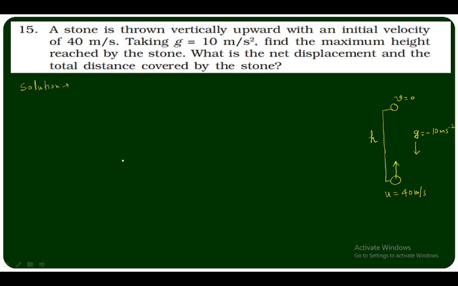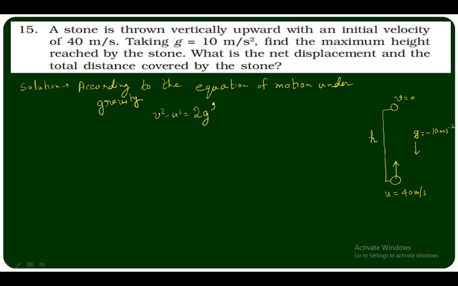We know that according to the equation of motion under gravity, we can write v square minus u square is equal to 2g times height, right?